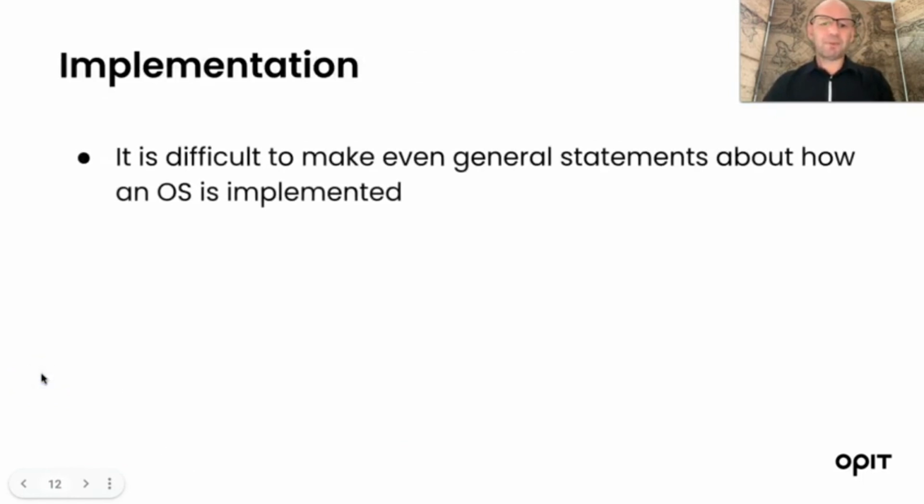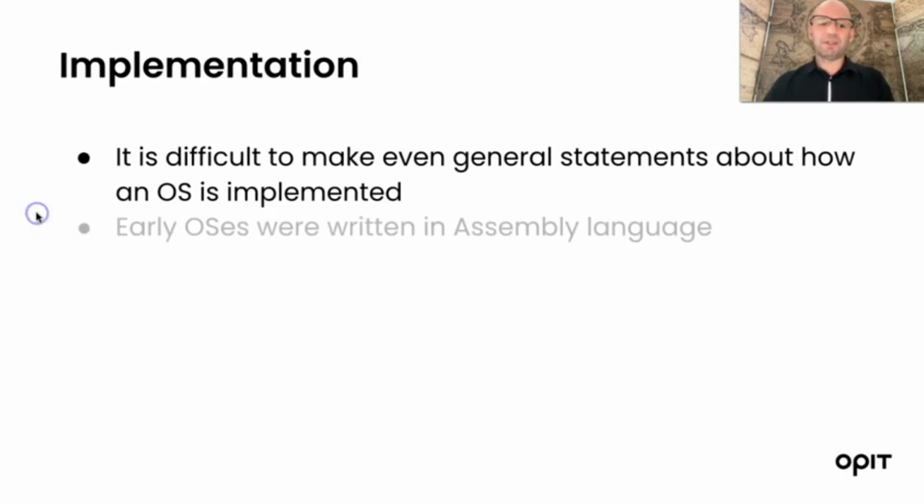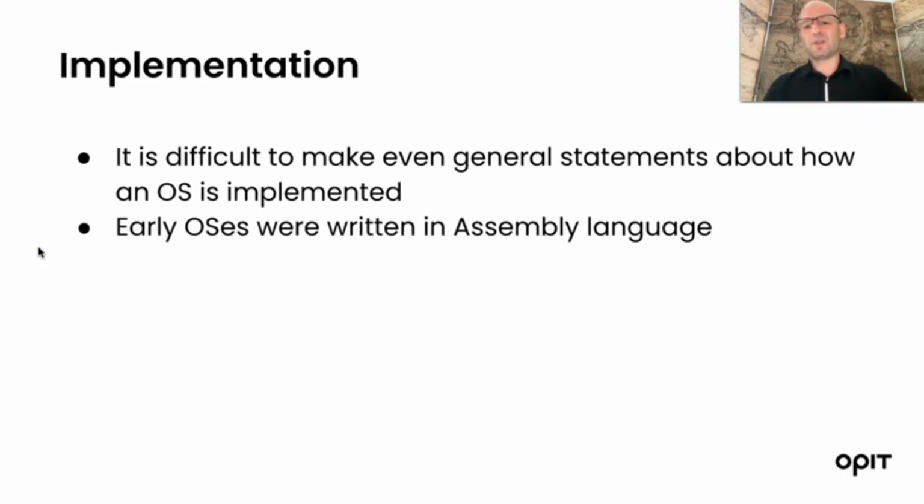From an implementation perspective, it is difficult to make even general statements about how an operating system is implemented. So early operating systems were written in assembly language. Assembly language is a very low-level language that allows you to use very little memory allocation for your code.